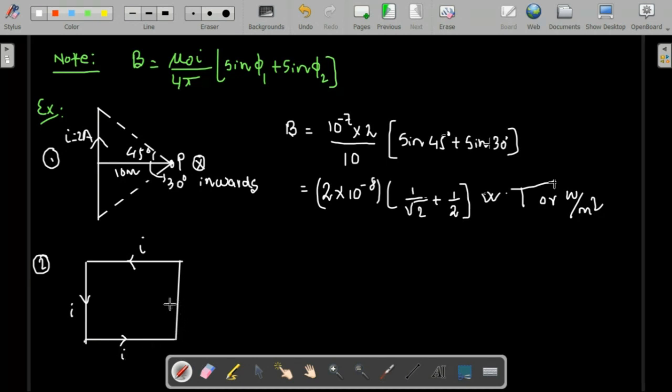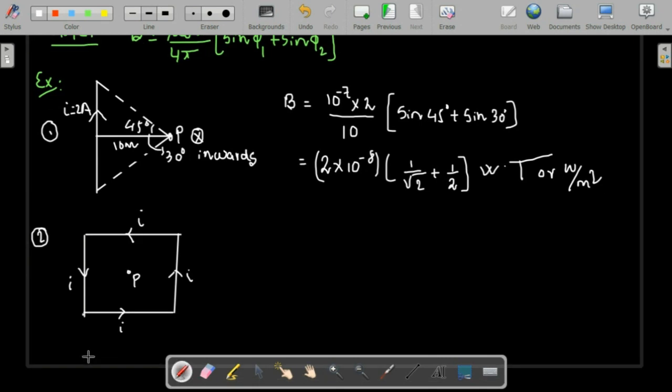Once we have this direction of current here, we want to find out what is the magnetic field at this particular point P. So let's clarify the question here: B due to the entire loop at P. That is what we actually want to find out.